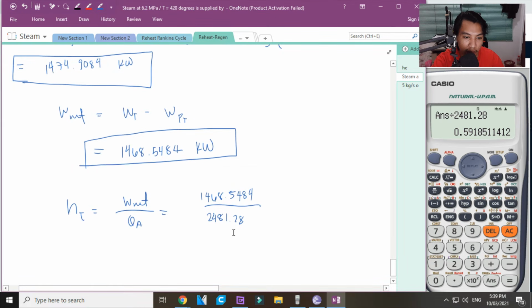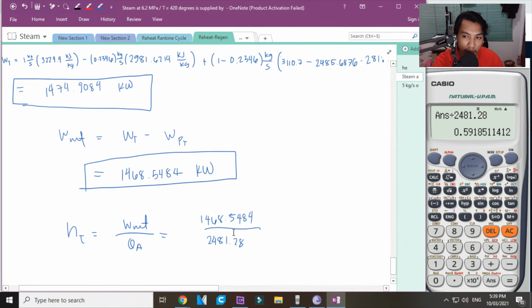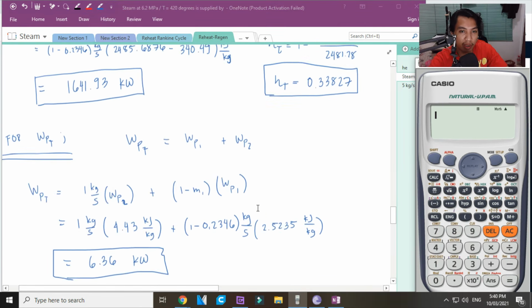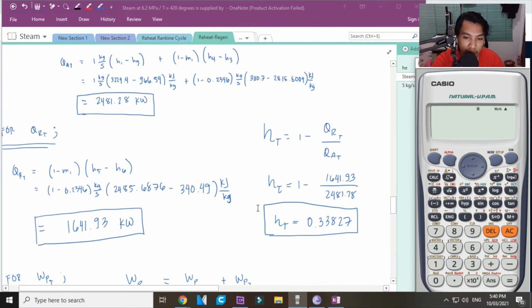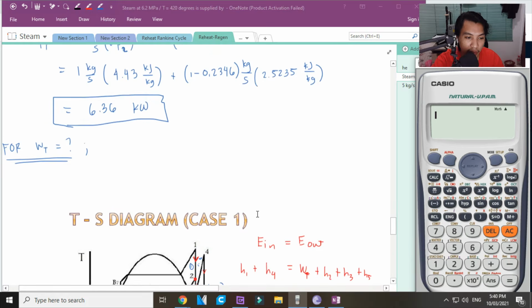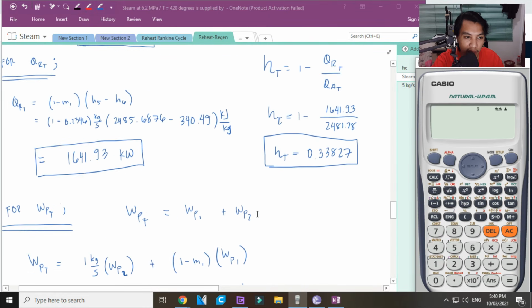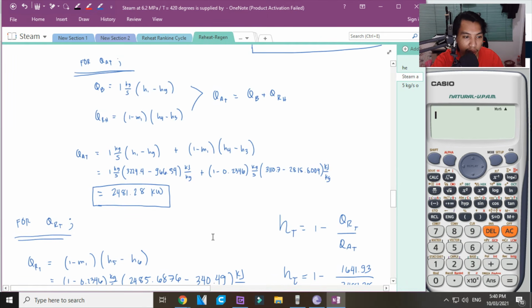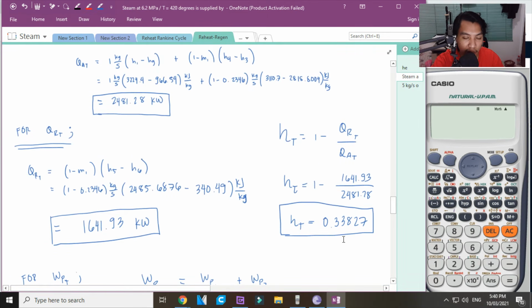Ba't naging 59? Naging 59 siya. What happened? Work net over QA. Parang malaki siya, no? Nagkaiba. Pero yun na yun. Yun lang yung kanyang efficiency na na-calculate natin dyan.